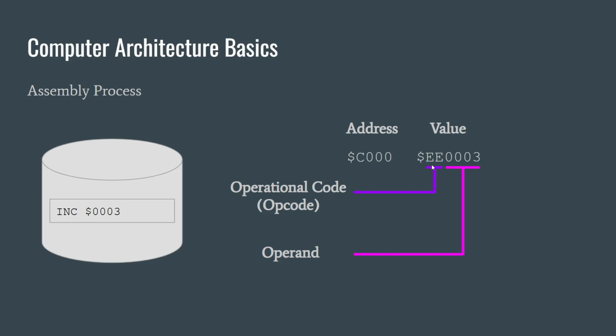So the processor needs to know which RAM address to increment. And we wrote address 3 over here. And so the operand on this instruction is address 3. And so the machine code version of increment 3 is EE0003 over here. And likewise, if you were taking a binary file and disassembling it, if you ran into this, you would know that's the corresponding assembly instruction.